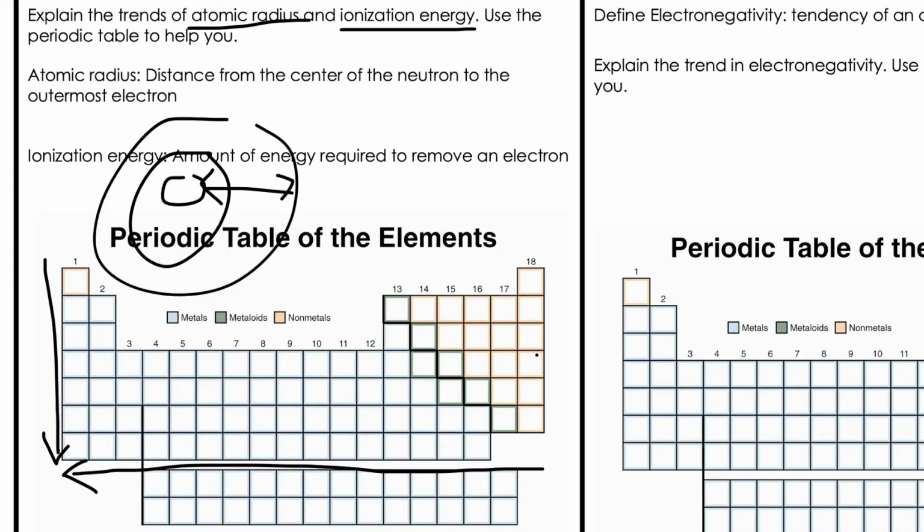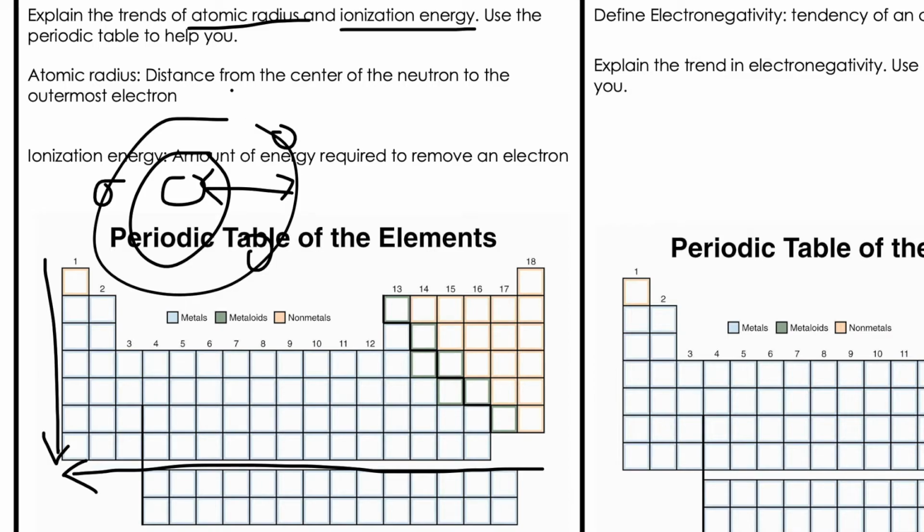And why does it increase from right to left? In this area, the halogens and noble gases, they have more electrons in the outer shell. That means they would have more protons in here, since an atom has the same number of protons and electrons. So there will be more protons attracting these valence electrons and pulling them closer to the nucleus.